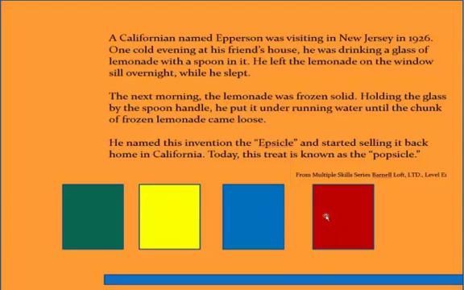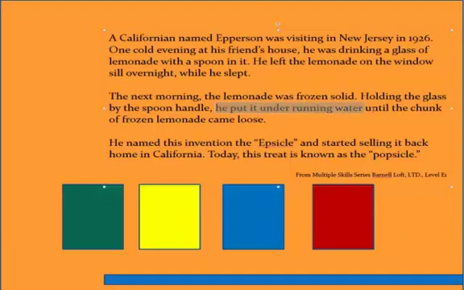Yellow. The windowsill where Epperson left the lemonade must have been warm, very hot, near the floor, very cold. And Ron says red. Good. The word chunk in line 7 means, so that's up here.